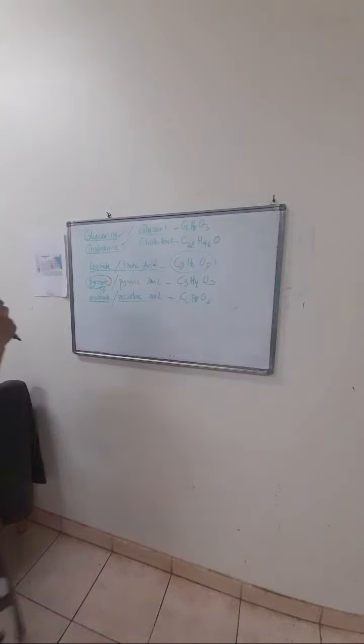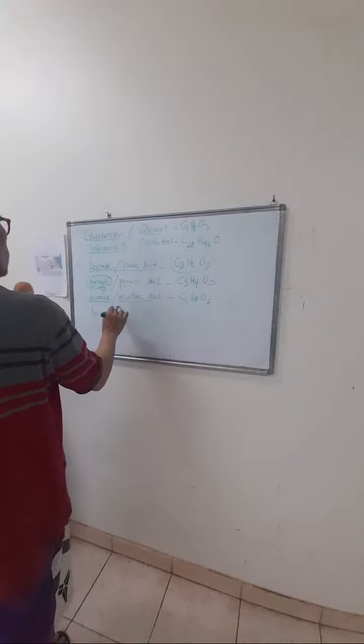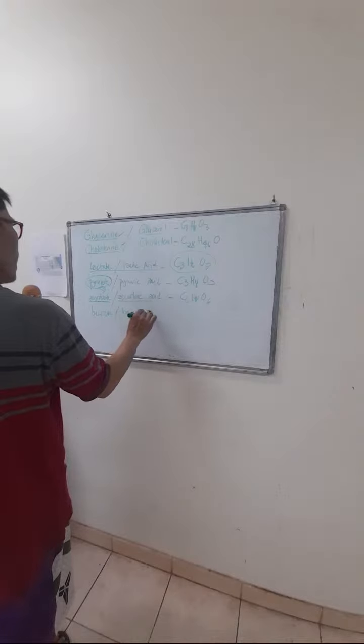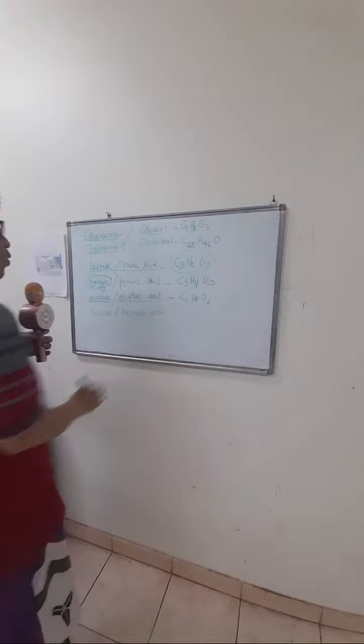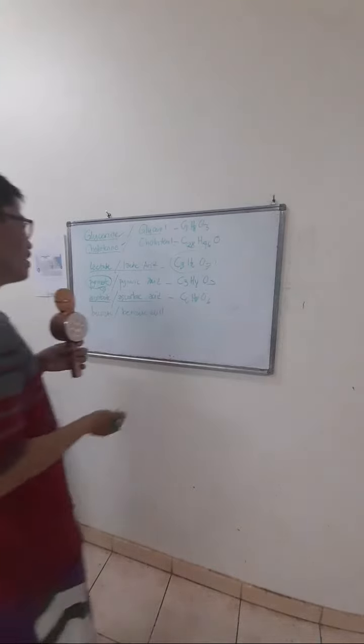What else? Benzoate. Benzoate comes from benzene. Benzoate is also the same as benzoic acid. Guys, why do some organic compounds, the salt and the acid, have the same formula?